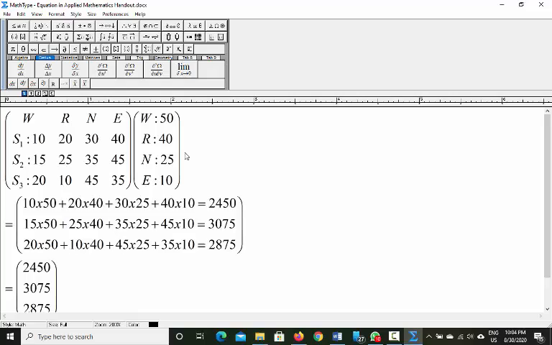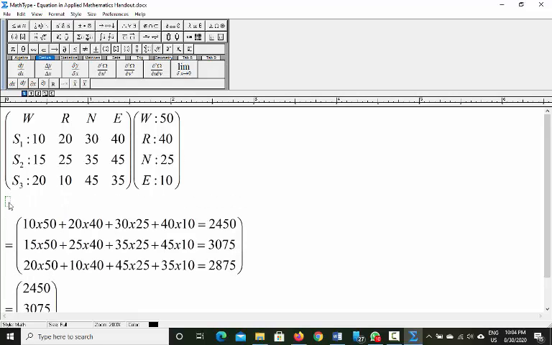First of all, let us identify the dimension first. In the first matrix we have 3 rows, and 4 columns. In the second matrix we have 4 rows and only 1 column.